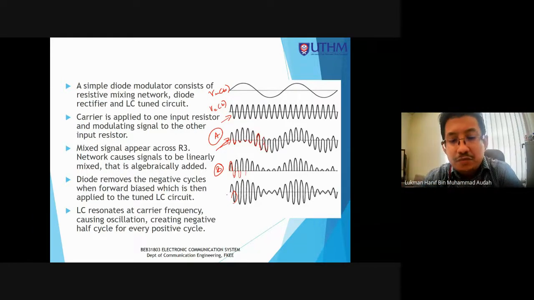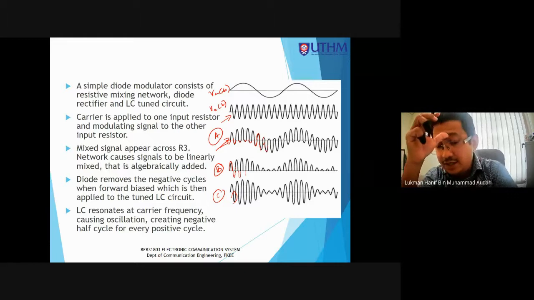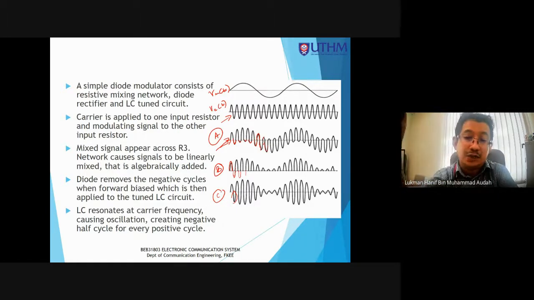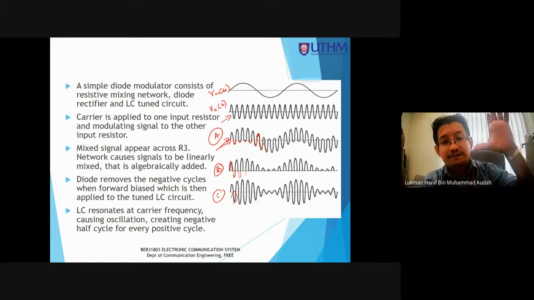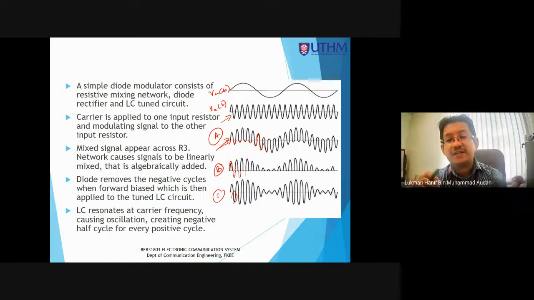So that's why at the end, at point C, you're going to see that the LC tank circuit completes the output waveform. The LC tank circuit completes the output process because the diode only gave a half cycle, and another half cycle is produced by the LC tank circuit.